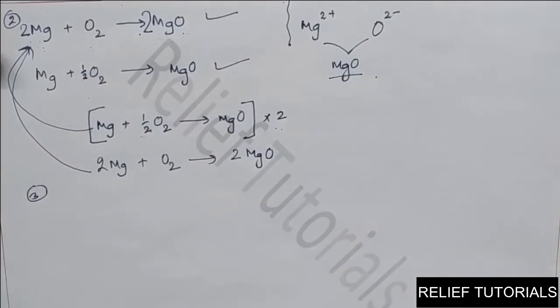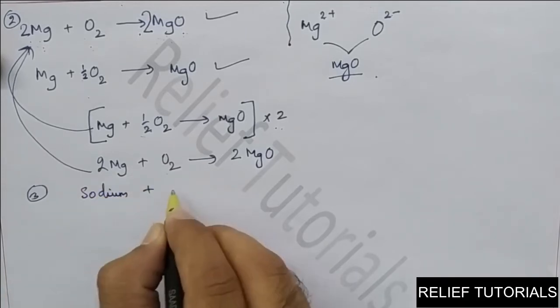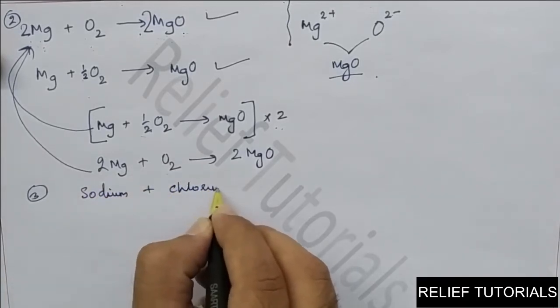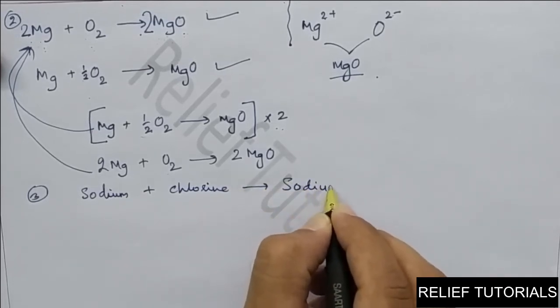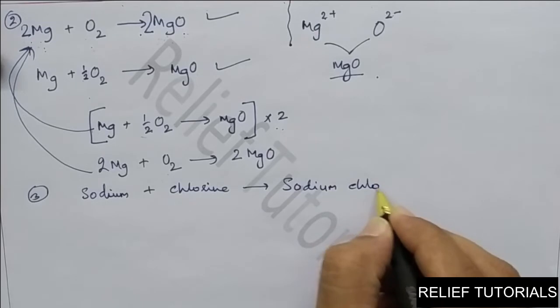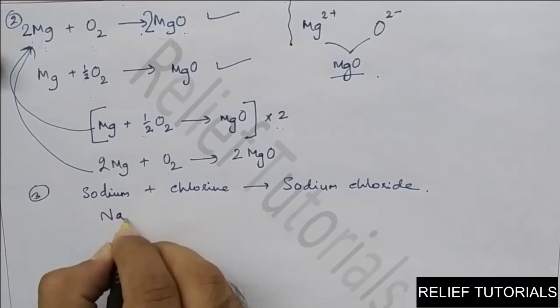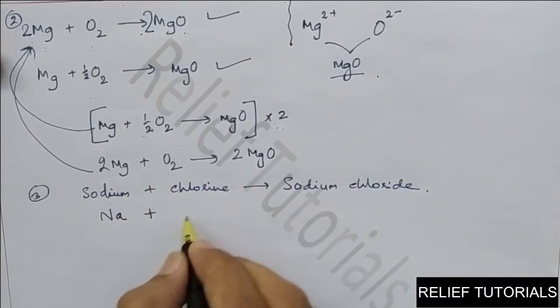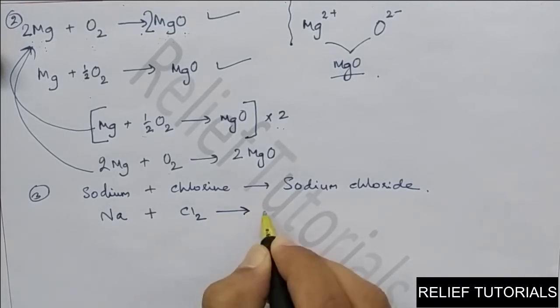Third example, let us say sodium reacts with chlorine, gives common salt, means sodium chloride. So representation is sodium Na plus chlorine Cl2 gives sodium chloride.